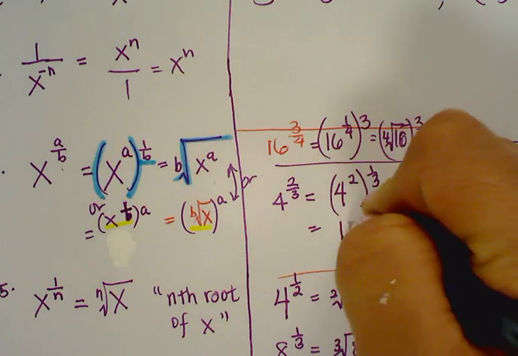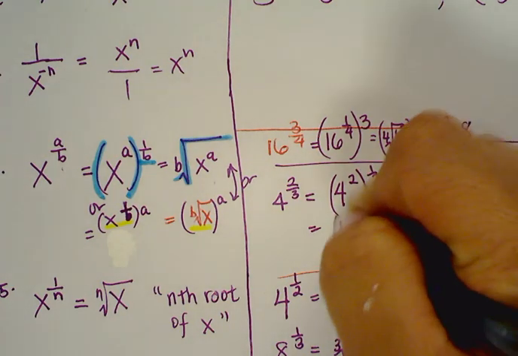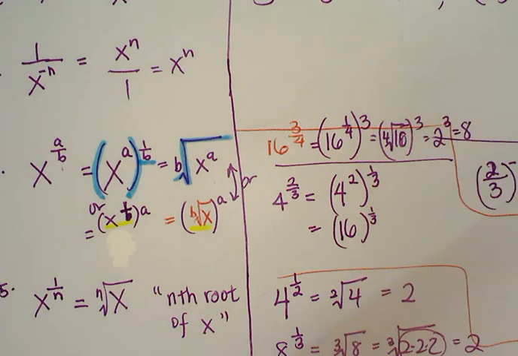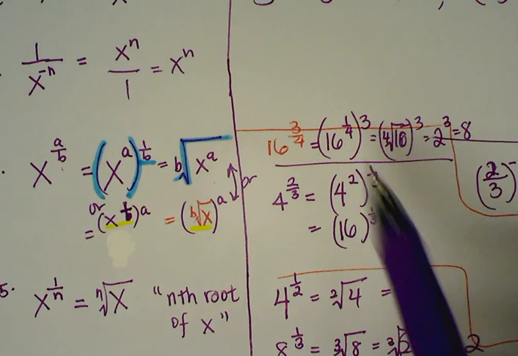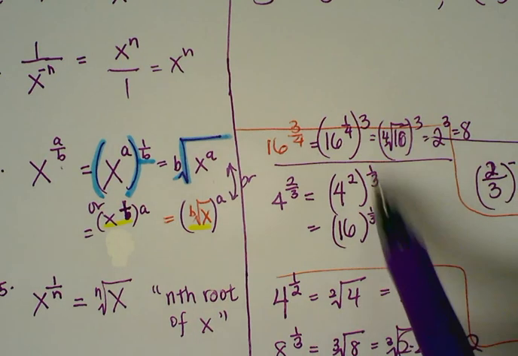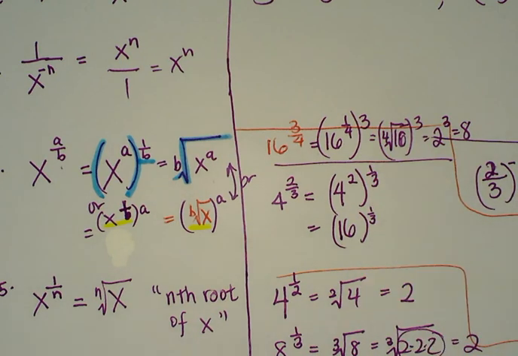No, it's 16, right? Which way is easier? It depends. The other way was easier the first time, but this time, you have to gain some experience to realize, look, if you did it the other way, you would have to do 4 to the 1/3 squared. But is there a cube root of 4?